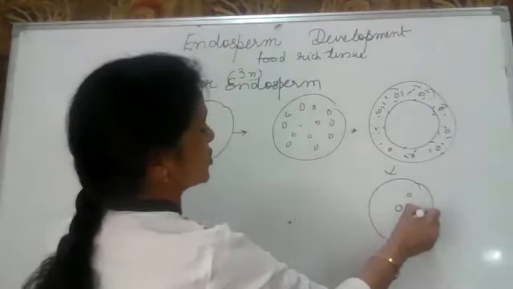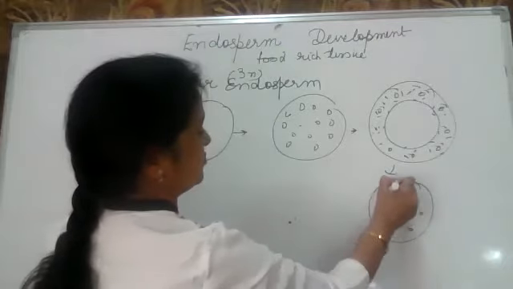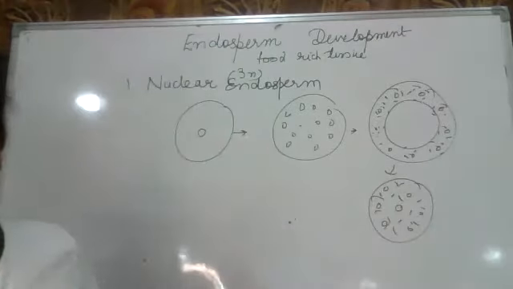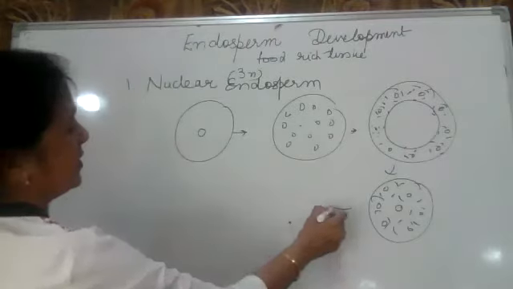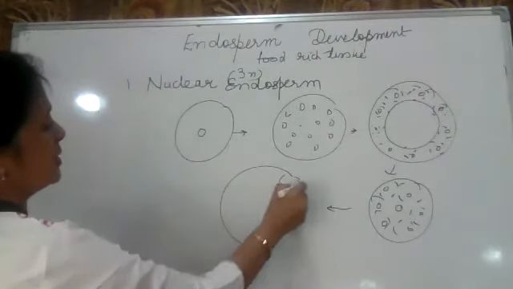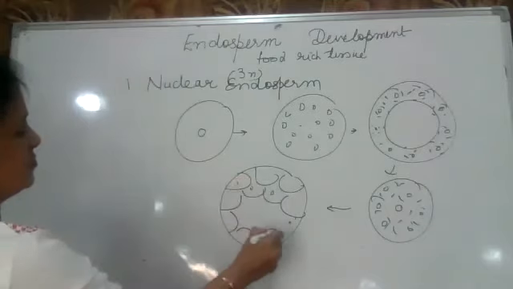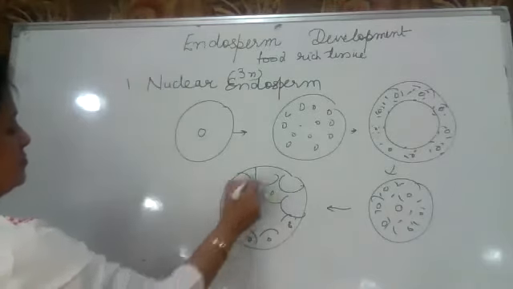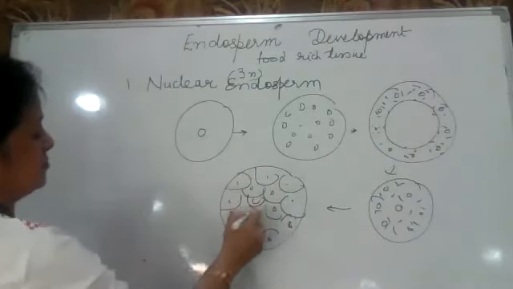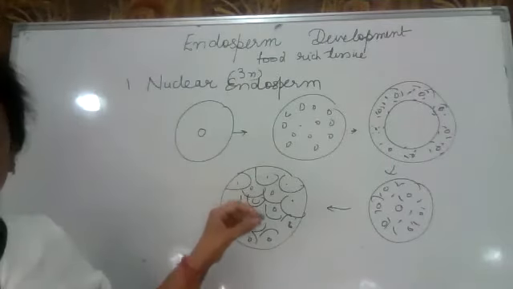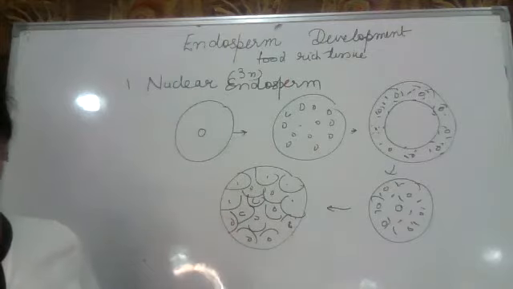It becomes smaller. Now cell wall formation occurs and it becomes a multicellular structure, and the vacuole disappears.